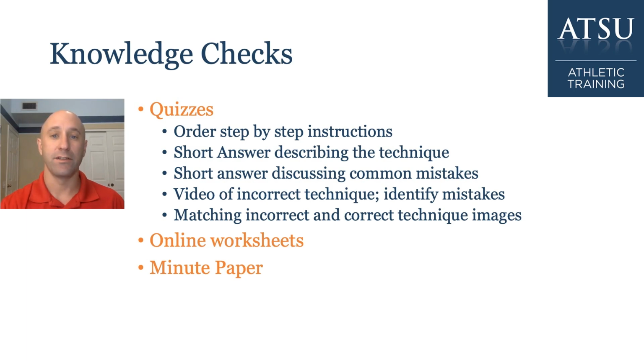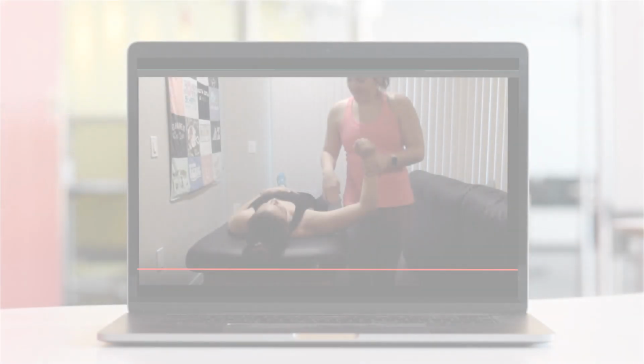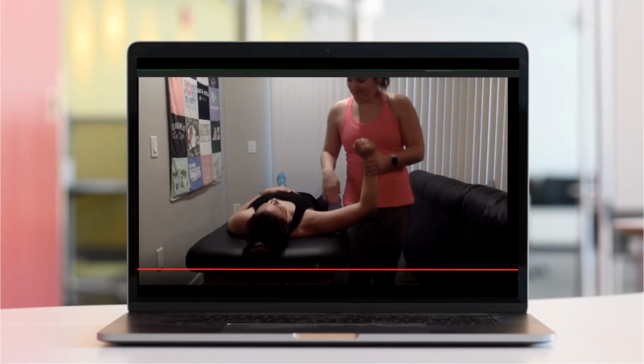Any form of knowledge check to help the student better understand the skill can be used. Maybe develop an online worksheet or have them write a short paper describing the technique. Next, we have them practice, and then once they feel confident, to record themselves performing the skill.